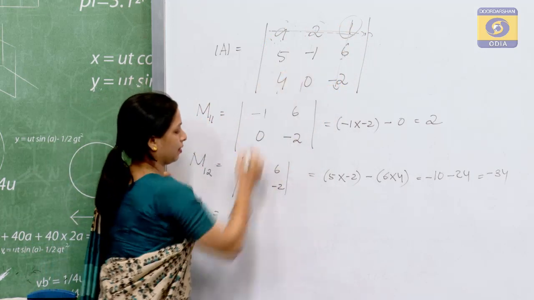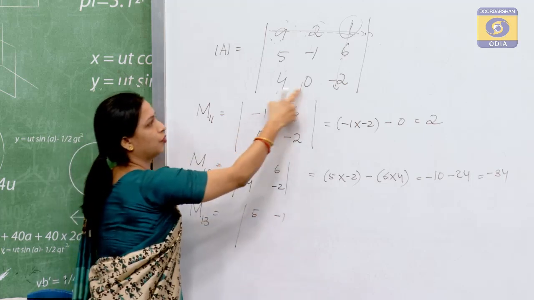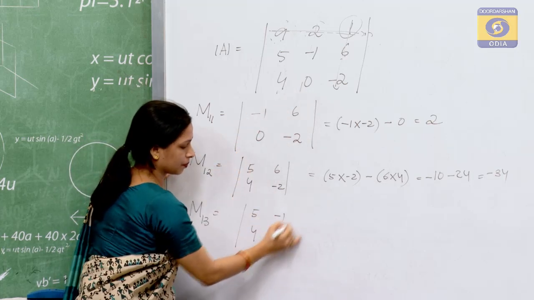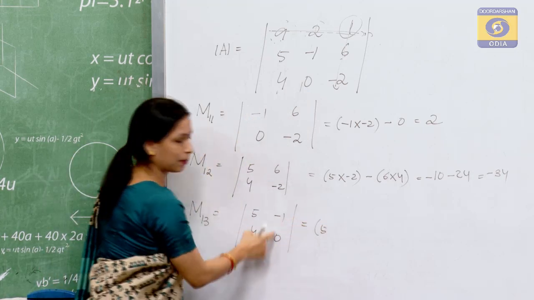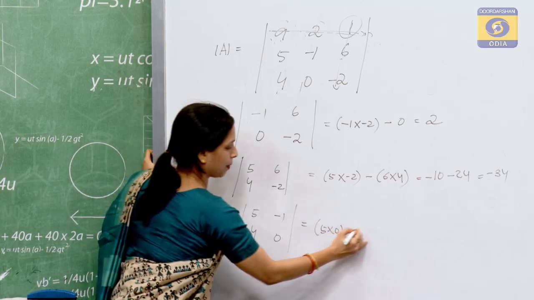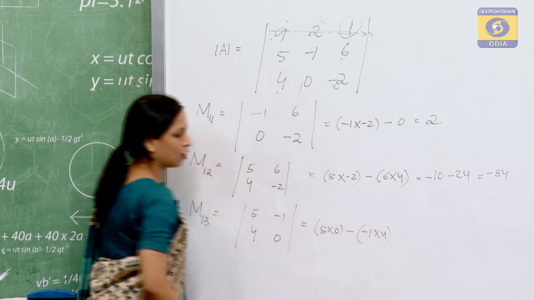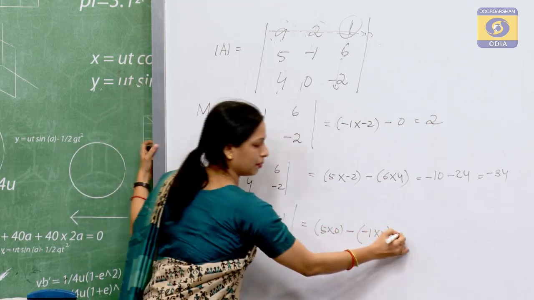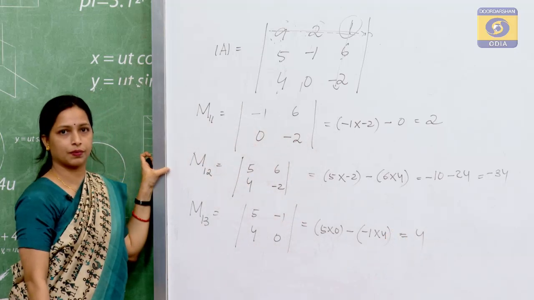What do I get? 5, -1, 4 and 0. What do I do next? Cross multiply the diagonal elements. So, 5 into 0 is obviously 0, minus 1 into 4. So, this is 0 plus 4, which is 4. So, the minor is 4.